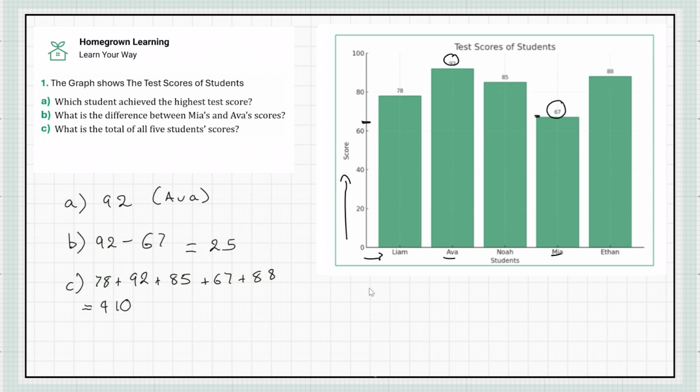Alright, so why do we do this? Basically, all of these questions are realistic questions that you might ask as a teacher to try and figure out what's happening in your class. Whoever got the highest score tells you, well, I probably don't need to worry too much about that person. And whoever got the lowest score might indicate that they need some kind of academic help.